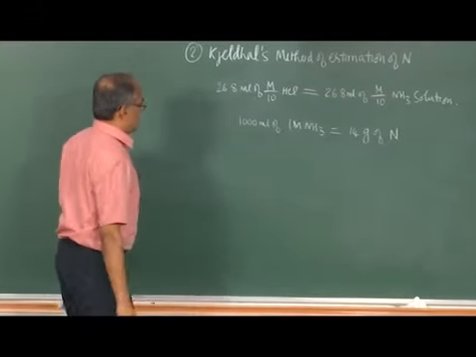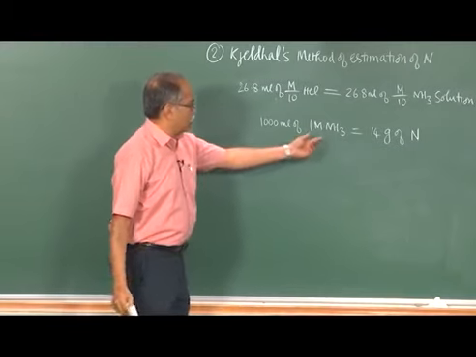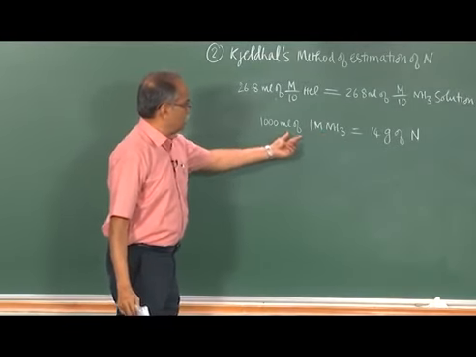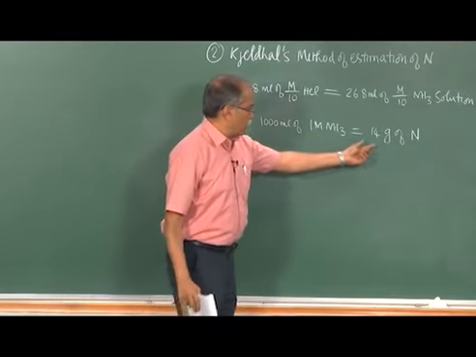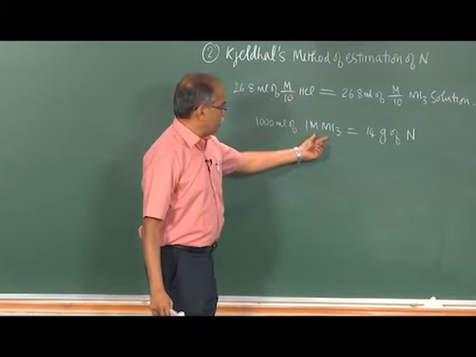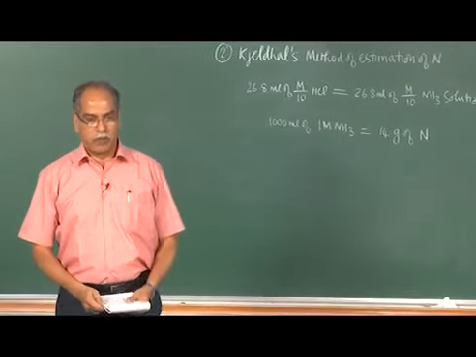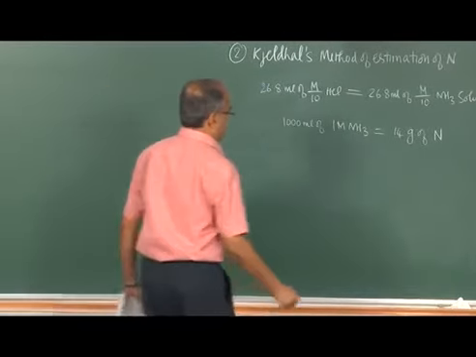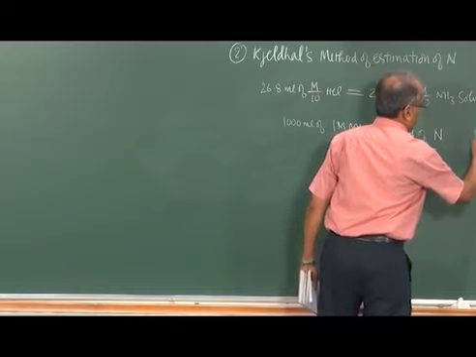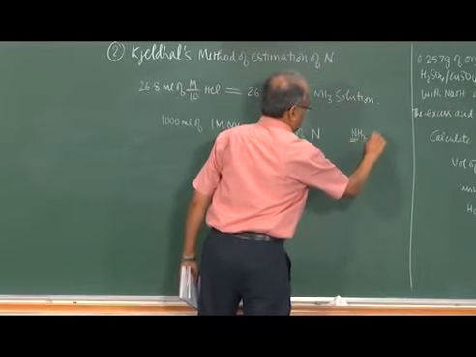In other words, if you take a 1 molar solution, there will be 1 mole of ammonia, and from the molecular formula NH3, the amount of nitrogen present is 14 grams.